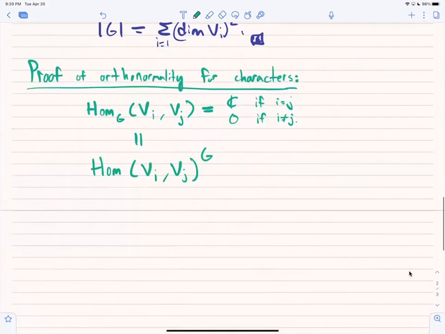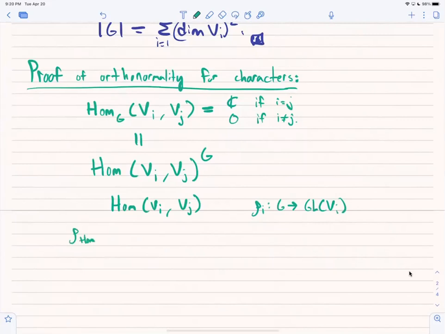So in Hom VI to VJ, this is equal to, as a representation, if I write rho I for G to GL of VI, then rho sub the action of an element in G on a linear transformation.